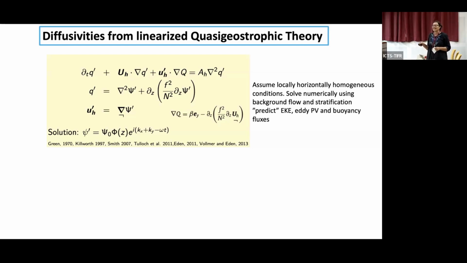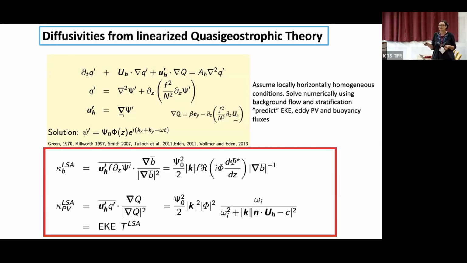Then this becomes just an eigenvalue problem that you can solve locally for an n and a u that depend on z. And then you can actually predict the eddy PV and buoyancy fluxes. You can solve numerically, and it gives you this vertical structure function. And then you also have your wavenumbers k and frequencies.